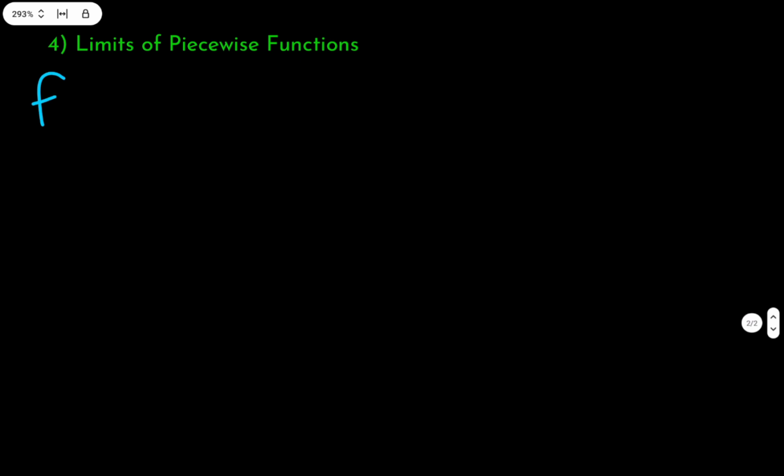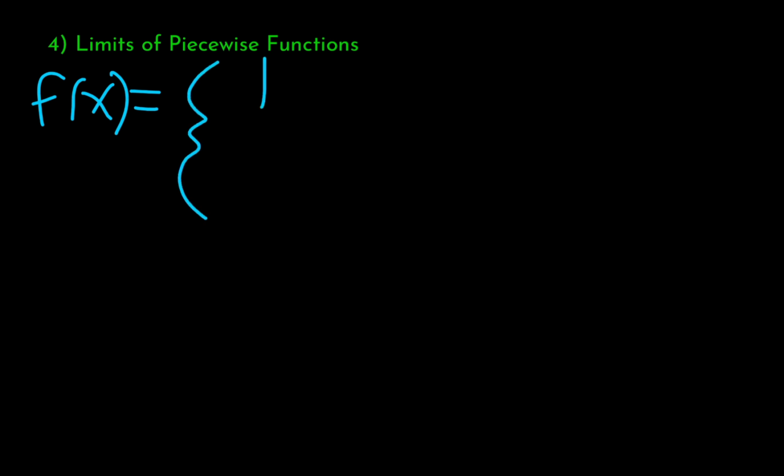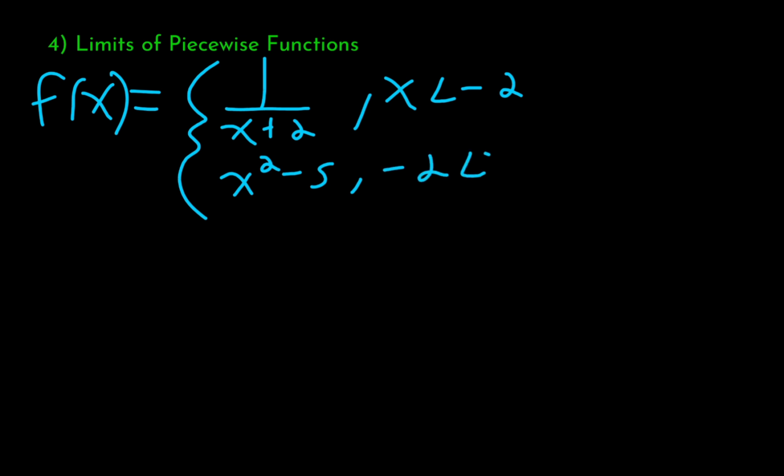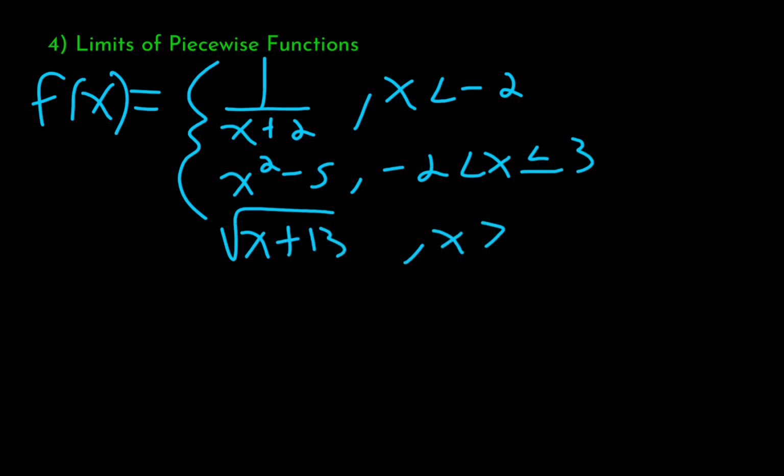If we have a super complex piecewise function f of x, we're going to make this equal to 1 over x plus 2 when x is less than negative 2, x squared minus 5 when negative 2 is less than x is less than or equal to 3, and then lastly, root x plus 13 when x is greater than 3.